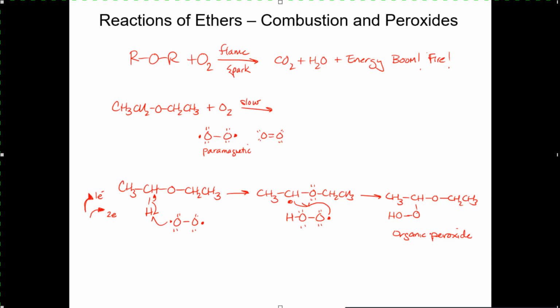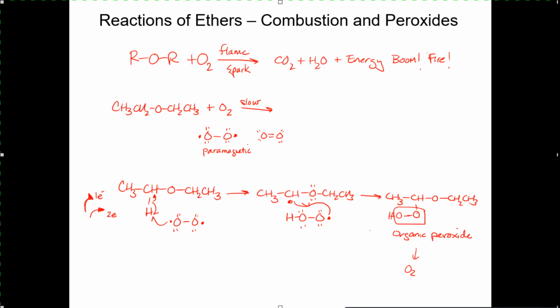A true organic peroxide would have two alkyl groups on either side of the oxygen. This is an ether peroxide. The problem with peroxides is that I have now embedded an oxygen gas molecule into my overall molecule. And whenever you do that with heat or shock, you'll end up basically forming oxygen gas.